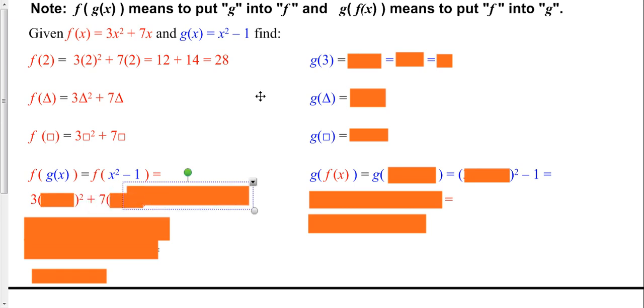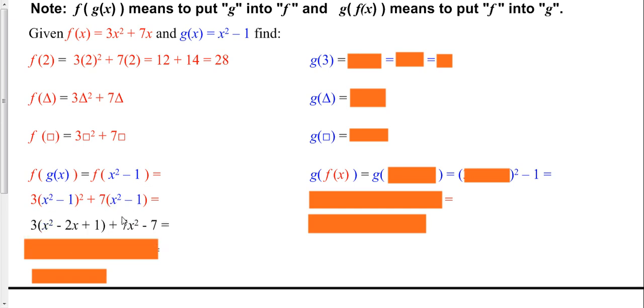Our original function for f says 3 times your input squared plus 7 times your input, and our input, once again, is what was in the parentheses, the x squared minus 1. Then we'd have to FOIL this out, distribute through our 7, distribute through our 3, and combine all of our like terms.